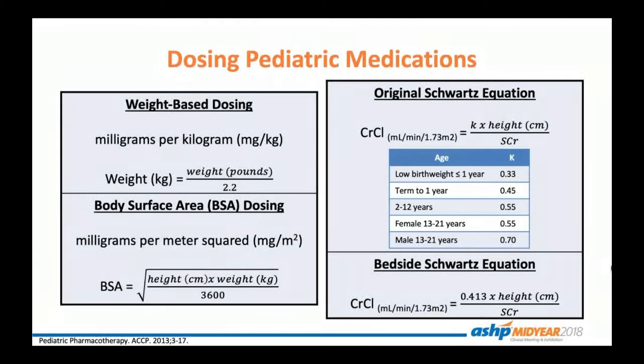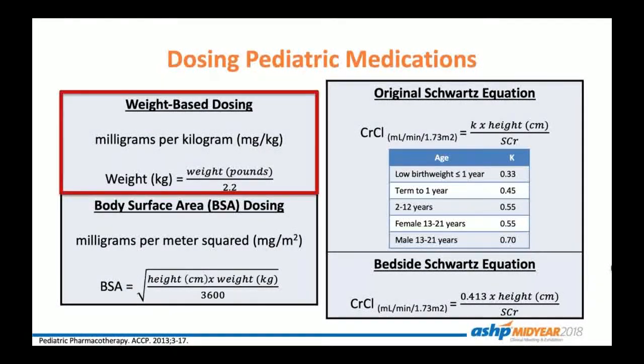In practice, many institutions commonly utilize the bedside Schwartz equation, and this uses one constant of 0.413 no matter what the patient age is. So most of our patients, we will utilize this bedside equation. If you are on a NICU rotation and seeing a neonatal population, I do recommend still using the original Schwartz equation for your patient.